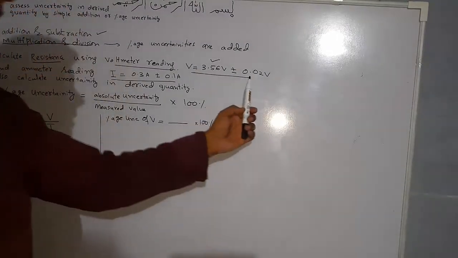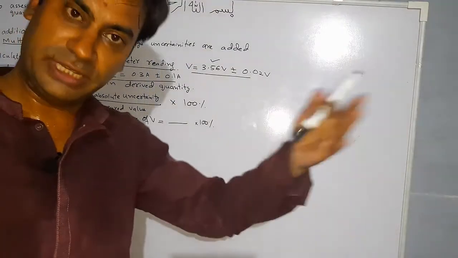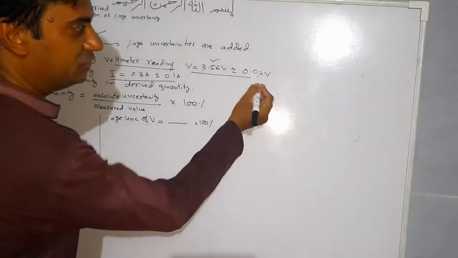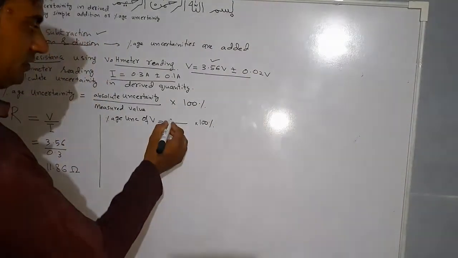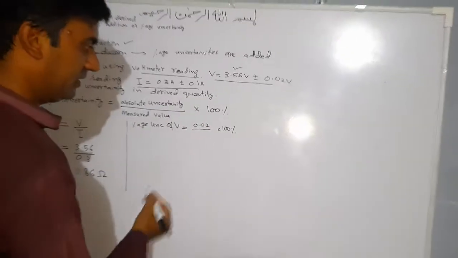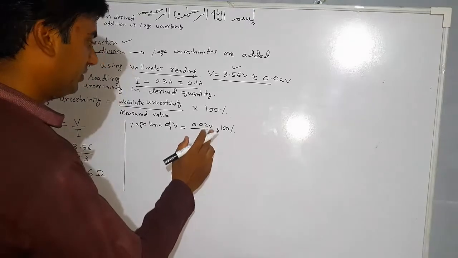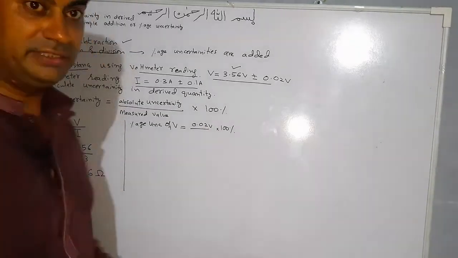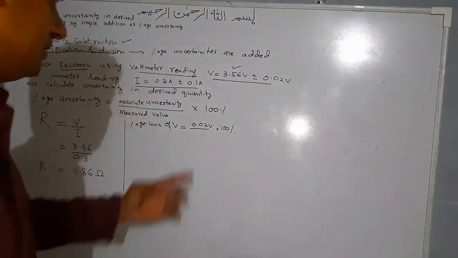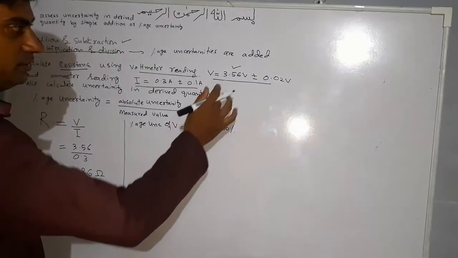If it is a DMM, it will be different, 0.001. If it is analog, it may be different. Just for an example, we have taken 0.02 volt. So the absolute uncertainty for the voltage is 0.02 volt. The unit must be the same for the numerator and the denominator; otherwise, you have to first convert it and then divide. The units cancel out here.